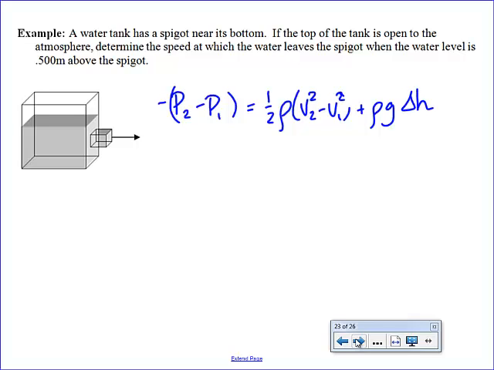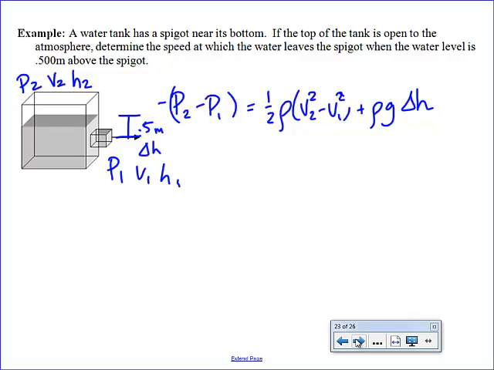H2 minus H1, that's basically your change in height from the top to the bottom. And that was 0.5 meters. So I'm going to call this P2, and over here I'm going to call P1, and this is going to be velocity 2, and this is going to be velocity 1, and this is going to be H2, and this is going to be H1.